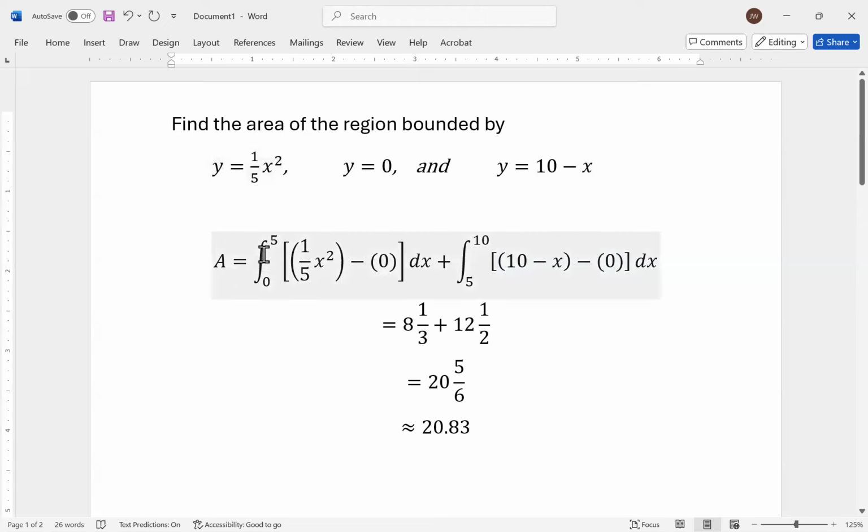Once I do that, then I either do one integration or maybe multiple integrations to find the area. And to do these integrations, it's just a definite integral calculation.